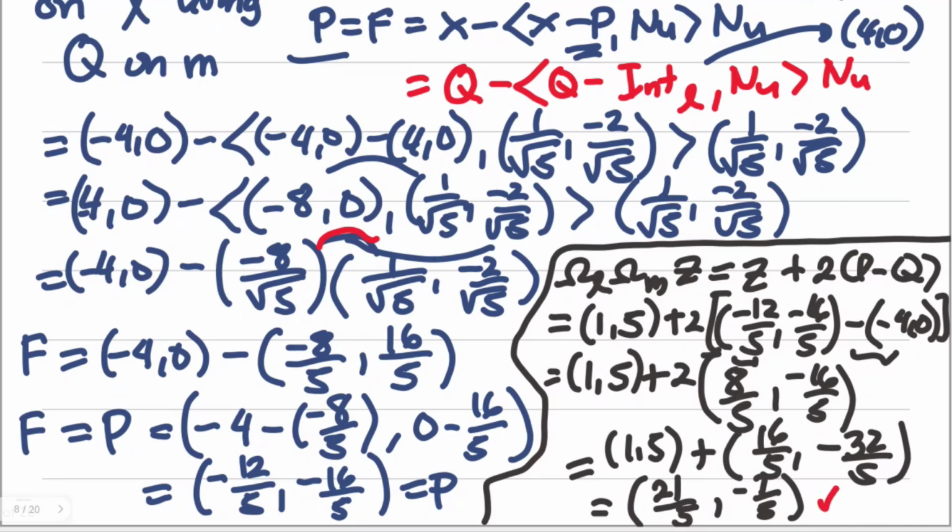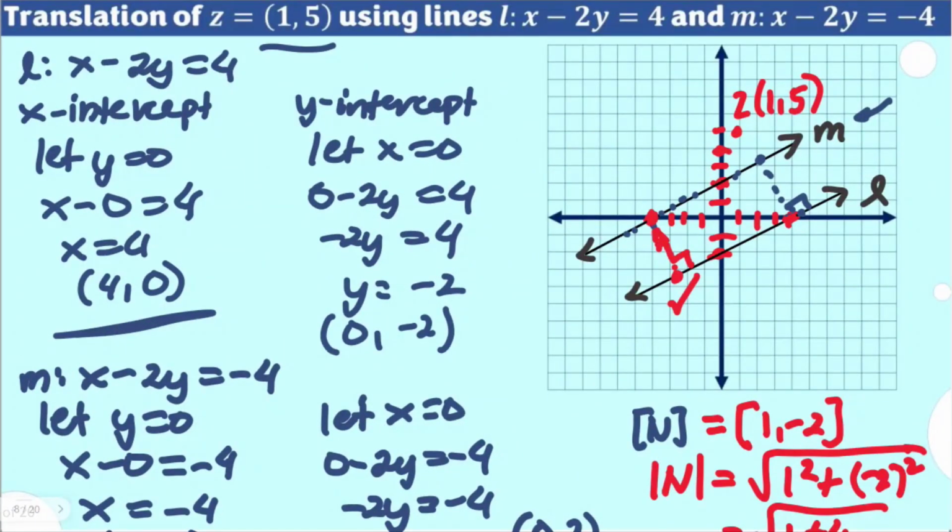That's actually 21 fifths, or if I'm correct, that's positive 4.2 and then negative 1.4, right? Okay? So again, 4.2 and negative 1.4. 4.2 is actually 1, 2, 3, 4, so 0.2 here, and negative 1.4 somewhere here.